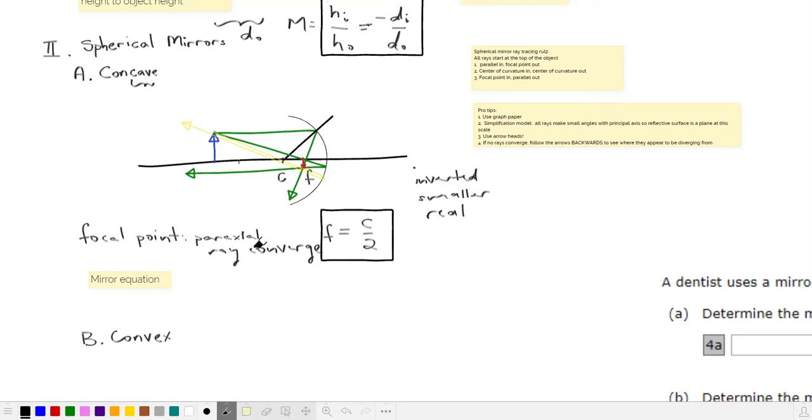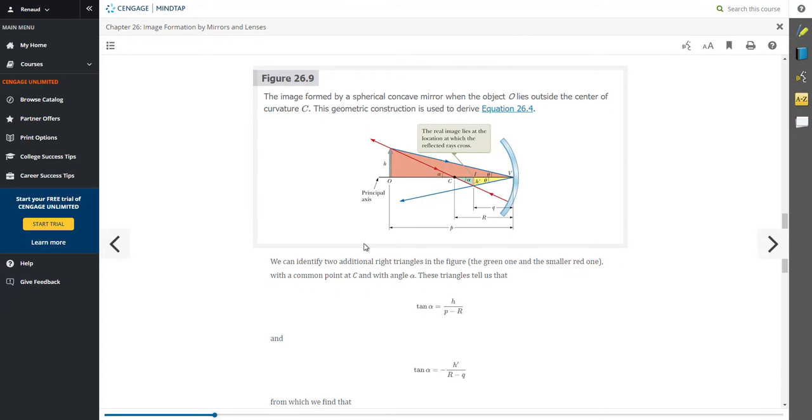Your textbook does a good job, I think, of deriving the relationship between the image distance, the object distance, and the focal point, and we just use similar triangle arguments. Remember that tangent is opposite over adjacent. So the tangent of this angle alpha is equal to h over the difference between the object distance and the center of curvature.